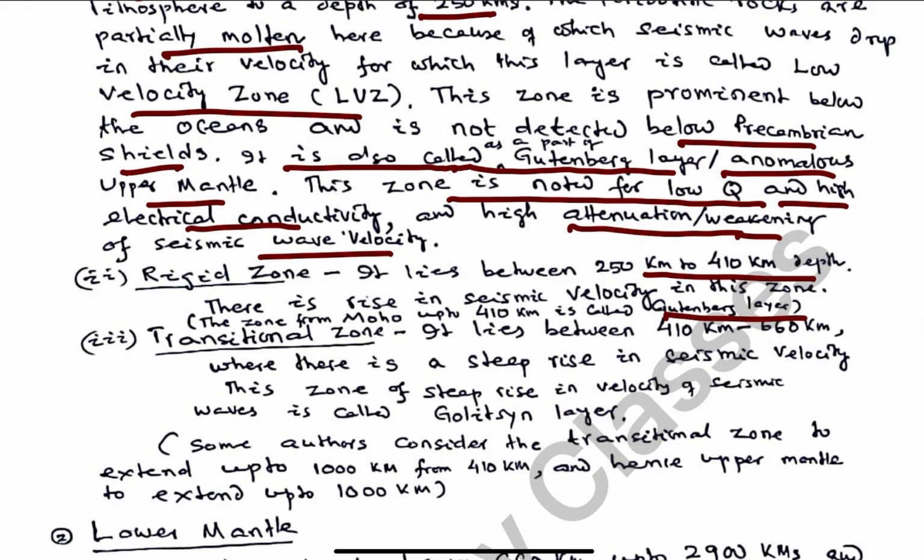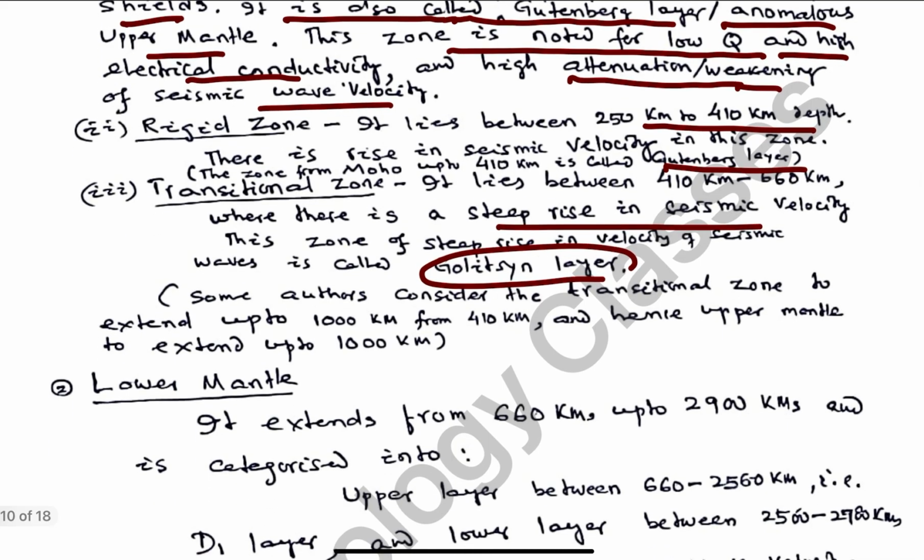Then from 410 to 660 kilometers depth is the zone where there is a rapid rise of seismic velocity, and that's why it is called the transitional zone. It is otherwise known as the Galitzin layer, noted for high seismic velocity, and it might be because of the presence of very dense minerals in the transitional zone.